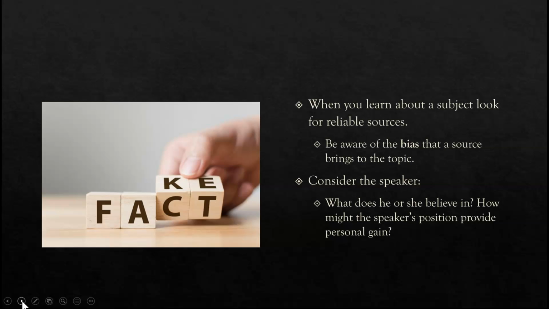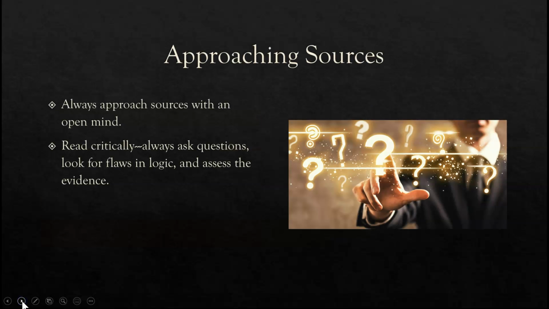If a doctor is working for the Coca-Cola company, but he's saying, hey, the sugar in Coca-Cola does not cause obesity, you should be wary of that because that doctor is being paid by Coca-Cola. So be aware of who the person is working for or writing for and why, and what incentives they might gain from that.